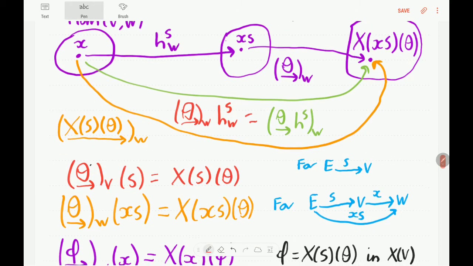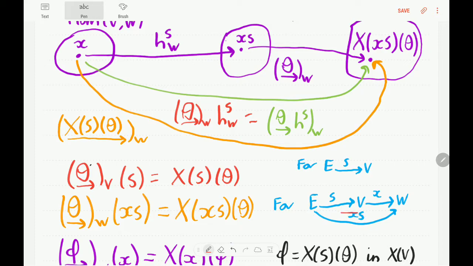But in our case, we're really more interested in this. We want to do the W component of theta under arrow on XS, okay? But we can just use a similar formula, because the same kind of formula arises.